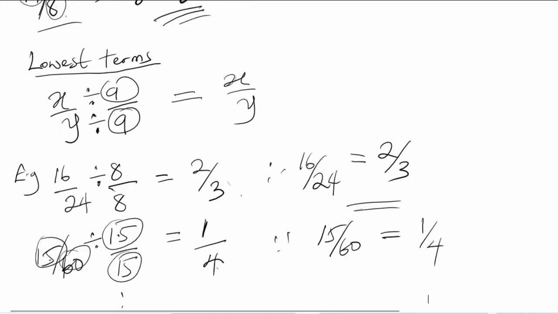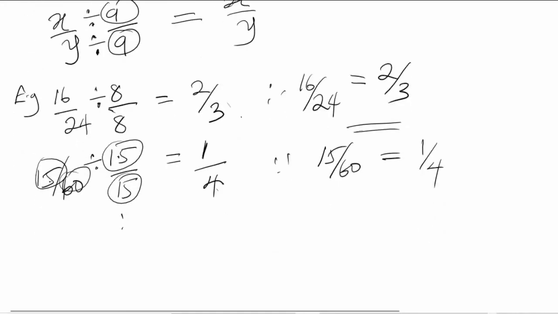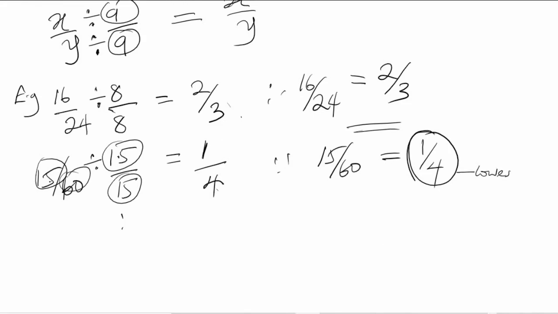Like in this example now, this 1 over 4 has nothing that can divide both the numerator and the denominator further. So it's in its lowest form. Likewise, 2 over 3. Nothing can divide both the numerator and the denominator further. So this is in its lowest form too.